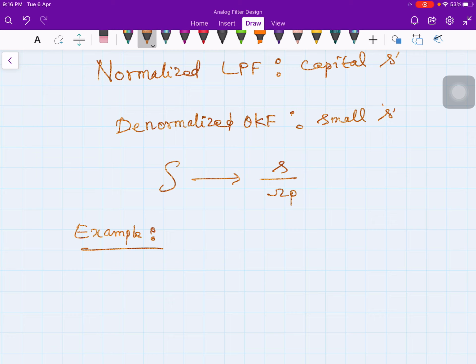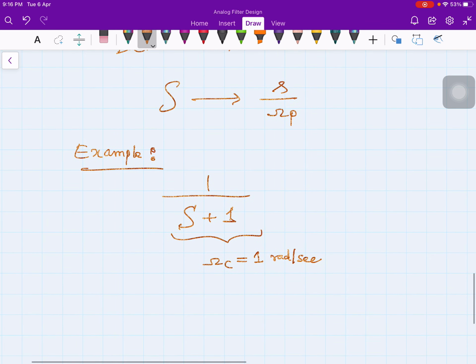In first order only one kind of filter is possible. Let us denote it 1 divided by capital S plus 1, having a cutoff frequency omega c equal to 1 radian per second. This is the 3 dB frequency.